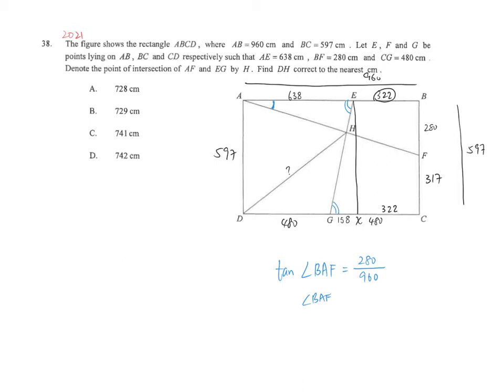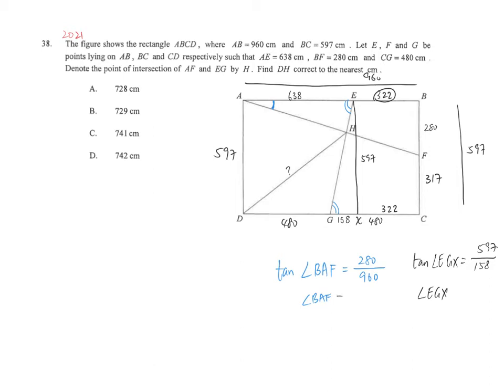And we know the complete height E to X is 597. Again using the tangent rule, tangent of angle EGX is opposite 597 divided by 158, which will be equivalent to the other angle on the top. So we will find these two angles first, and I'll use the calculator.